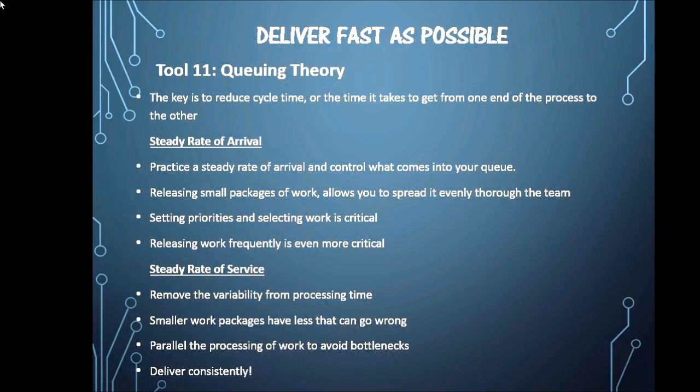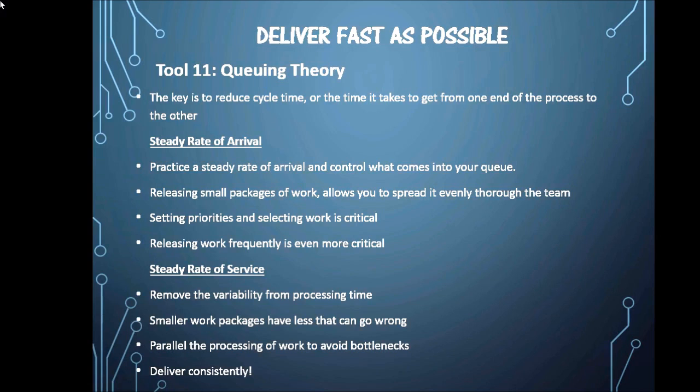Okay, the 11th tool, queuing theory. The key is to reduce cycle time, or the time it takes to get from one end of the process to the other end. It has two main points: steady rate of arrival and steady rate of service.